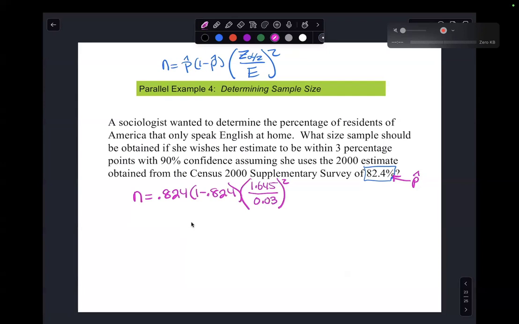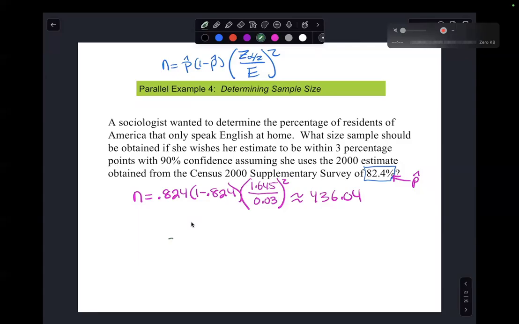Let's do this. Whoa, I got 436.04. Please check my math. I'm going to give you a second. Let me know if you got something different. All right.